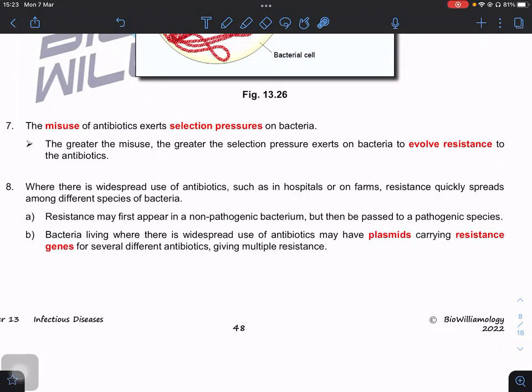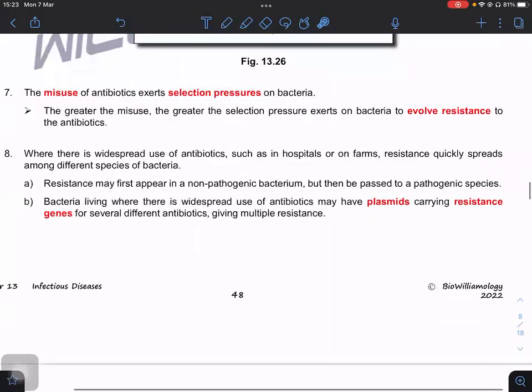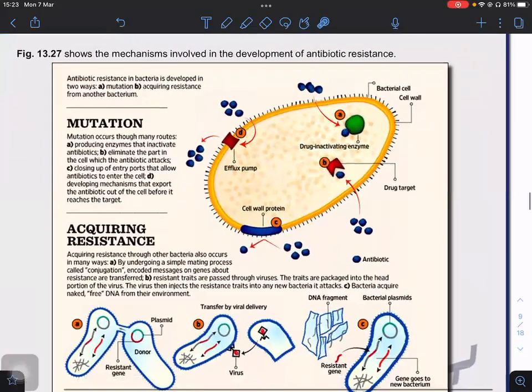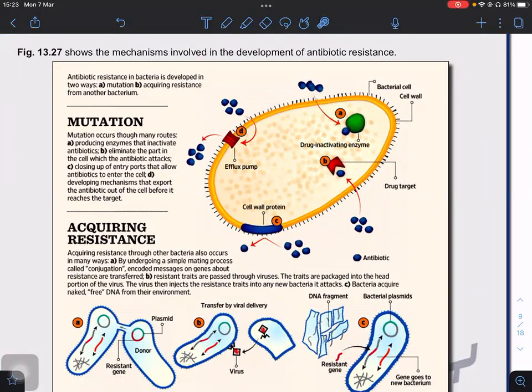So I say that the greater the misuse, the greater the selection pressure exerted on bacteria to evolve resistance. Once they have evolved resistance, this resistant gene can be transferred to the next organism, and the next means a bacterium. As I said, mutation takes place, they can have an efflux pump, they can inactivate, they can have an enzyme to break down.